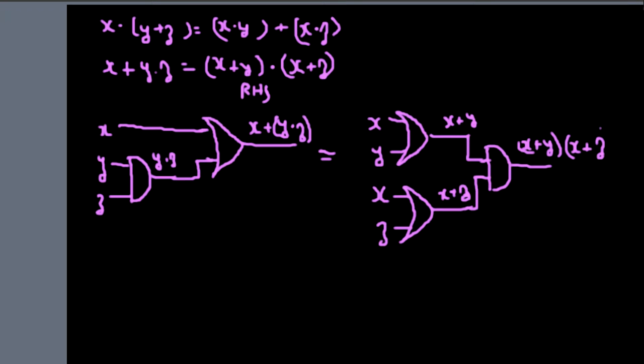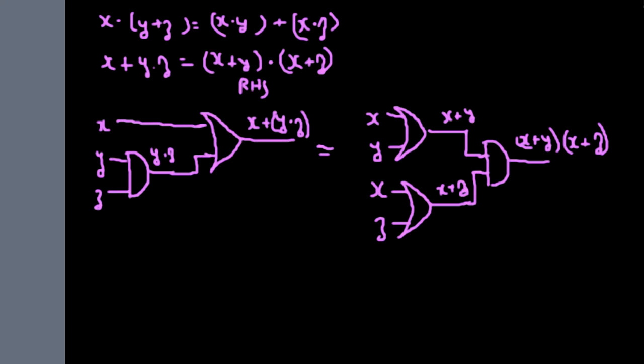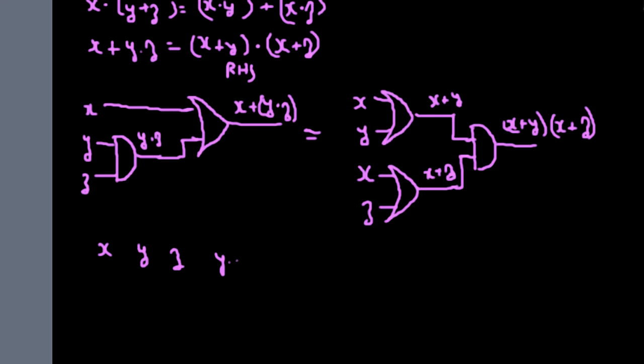Okay, so now you can even verify this with the help of a truth table. The columns that you would require in the truth table would be x, y, z. Then you'll find y multiplied with z, then you'll add x. Now we'll do this for the RHS. In the RHS we have x plus y, then you'll find x plus z, and then you'll multiply these two.